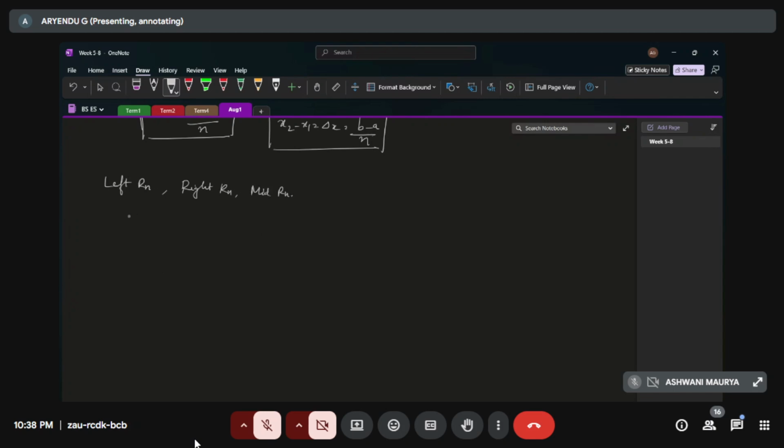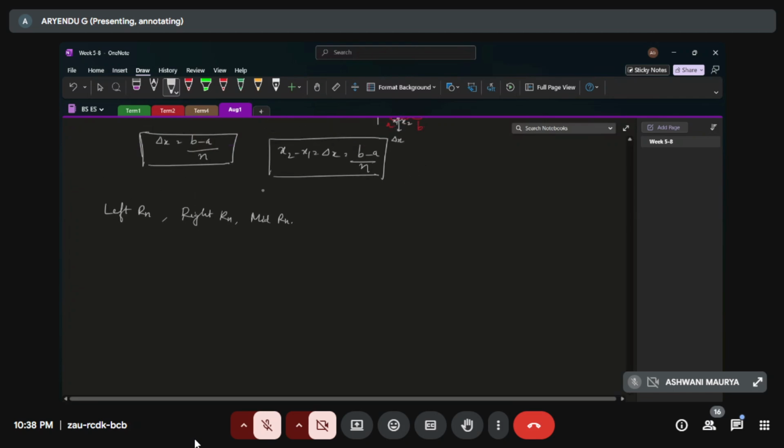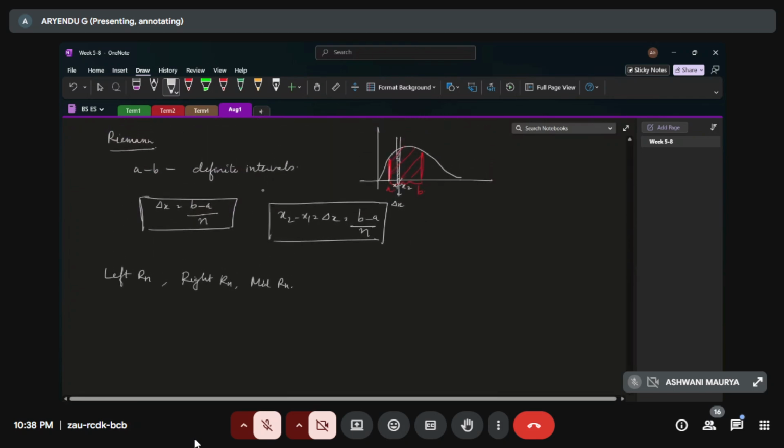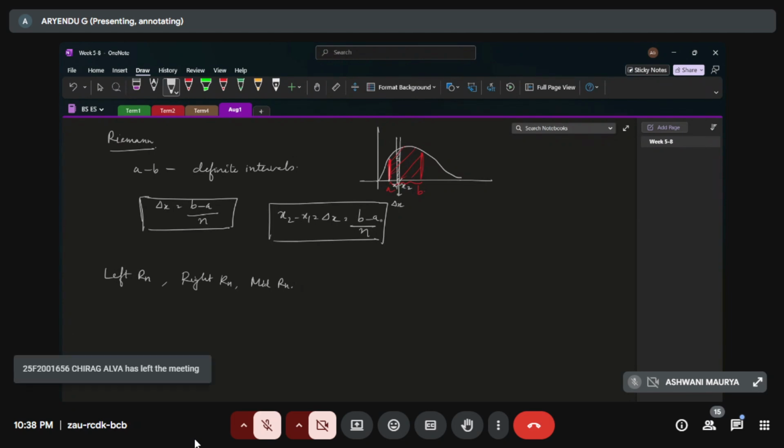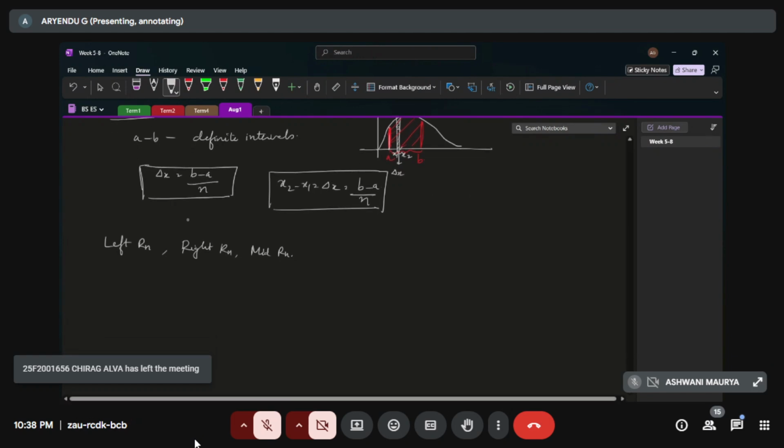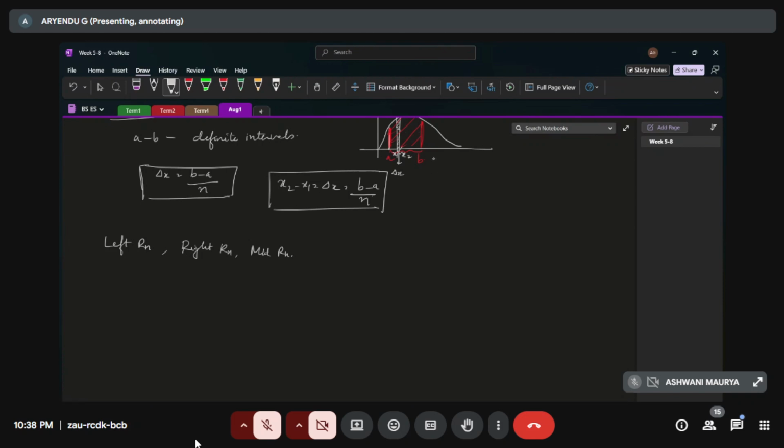The very basic idea is that for the left Riemann sum, we take the leftmost value of a particular interval and multiply it with the size of the interval, and we do the same for each small interval. If there are n small intervals, we do that for each of them. For the right, we take the largest value in the interval and multiply it with the size of the interval, and do that for each interval.